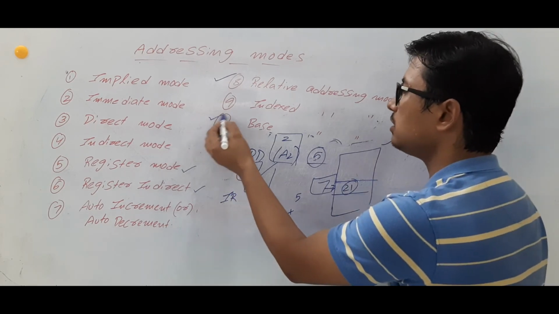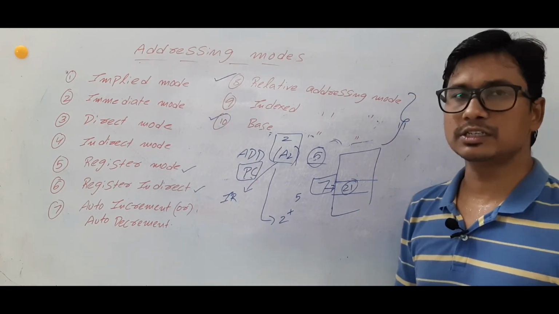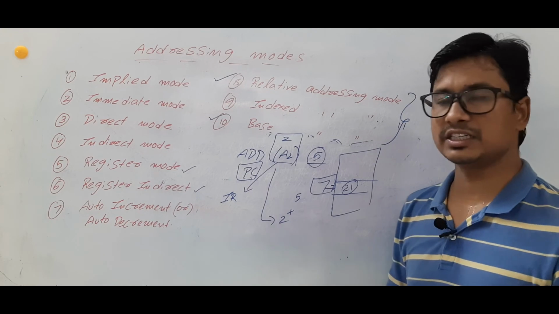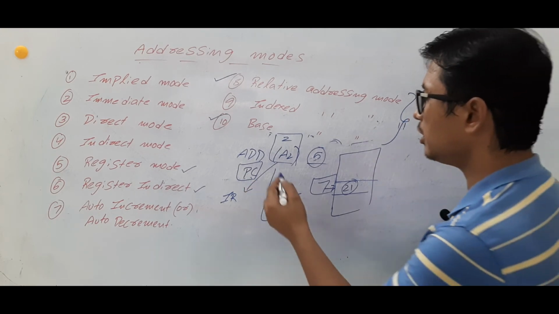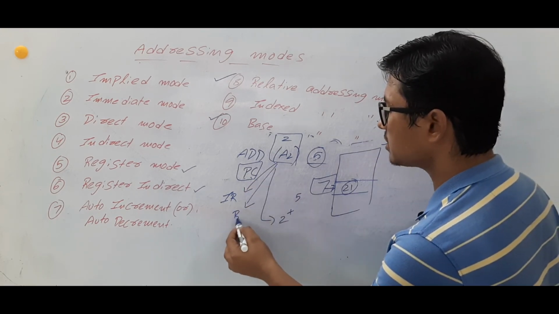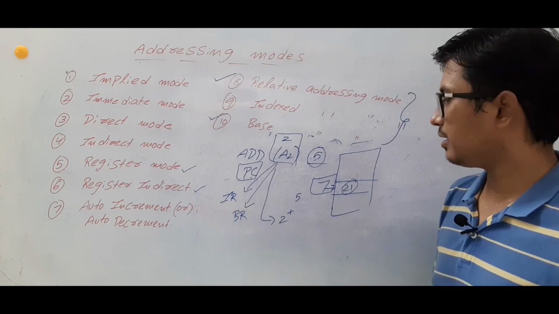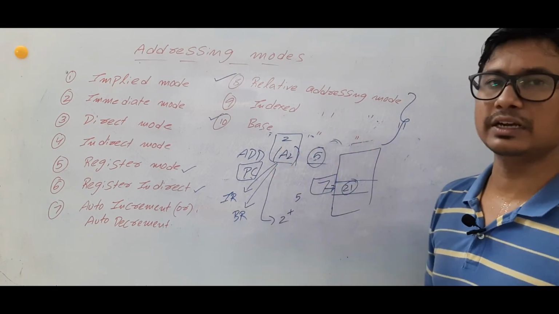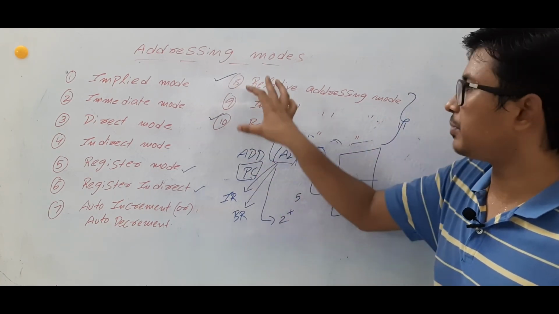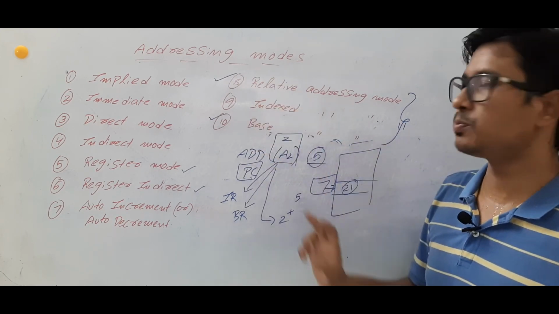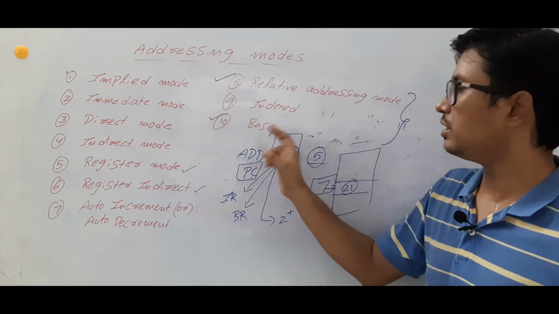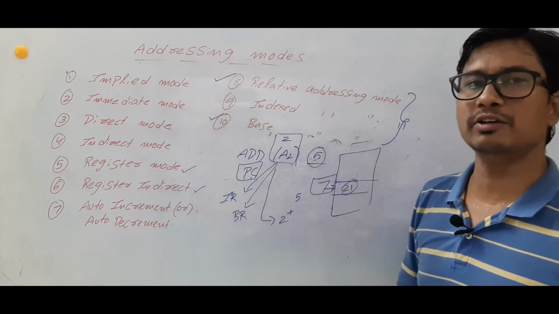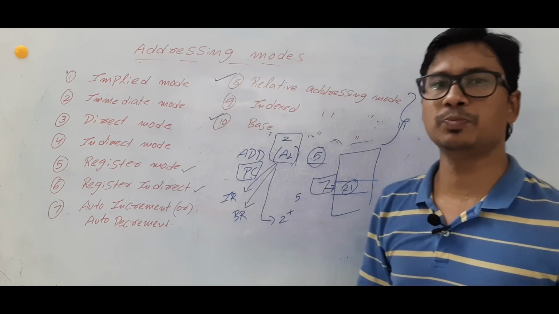Now what is the base addressing mode? In place of the index register or program counter, if you have a base register, then we will call it a base addressing mode. The same concept applies to relative, indexed and base addressing modes. All these three categories we call displacement addressing mode.